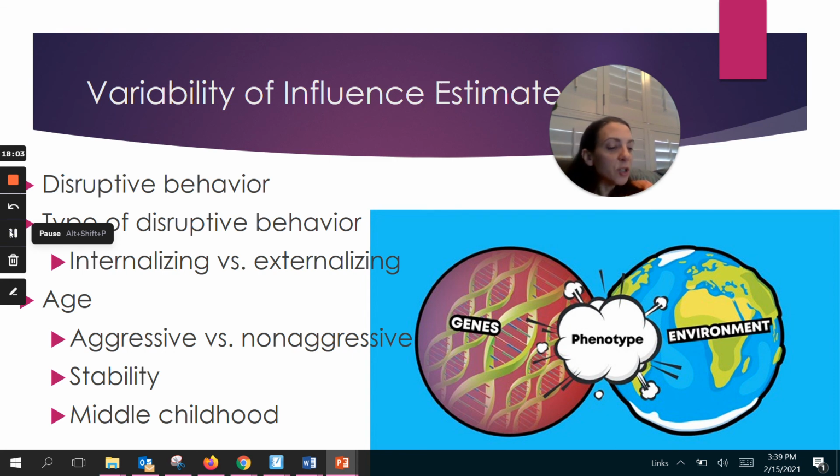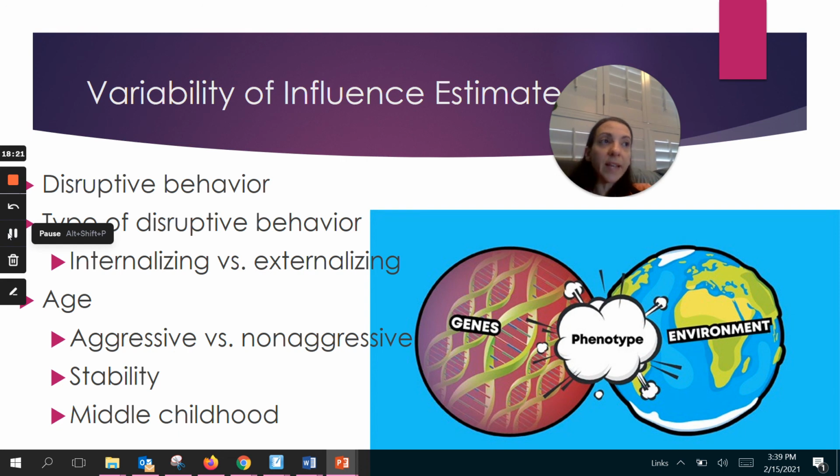In early and middle childhood, there's no difference between aggressive and non-aggressive behaviors. But in adolescence, genetic influences were stronger for aggression, and shared environmental influences were stronger for rule breaking.